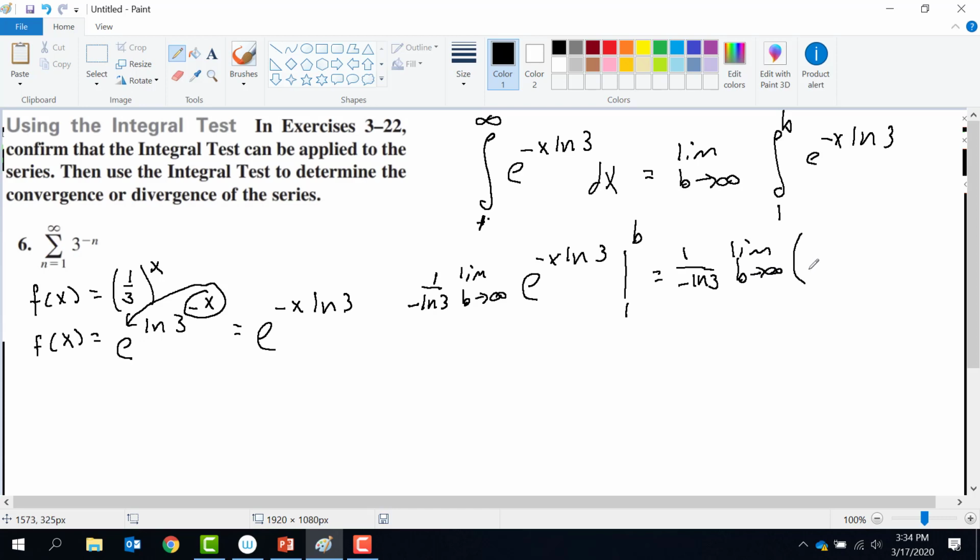So now we plug that in and we get e to the negative b natural log of 3. Sorry, no, that is right, natural log of 3. Let me clear that out of there.